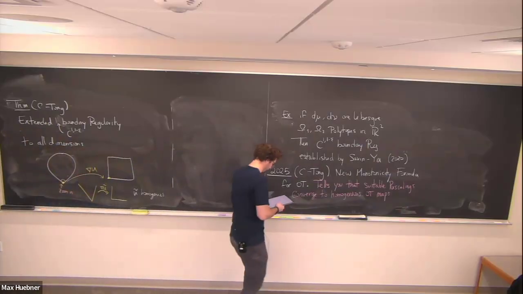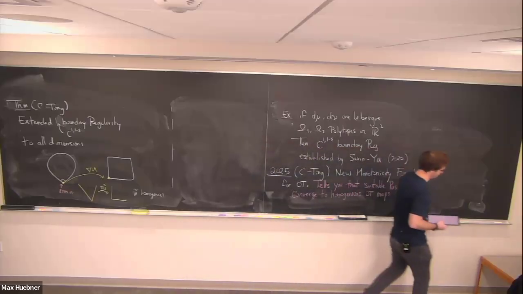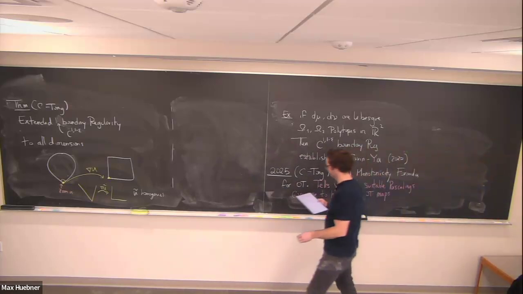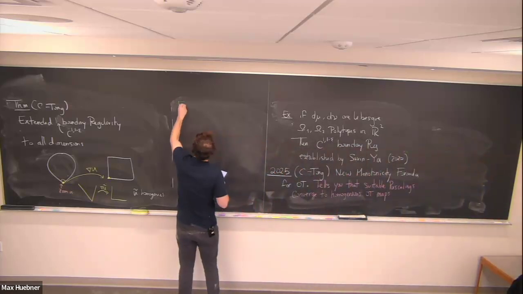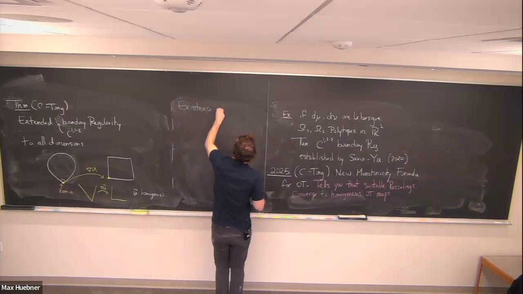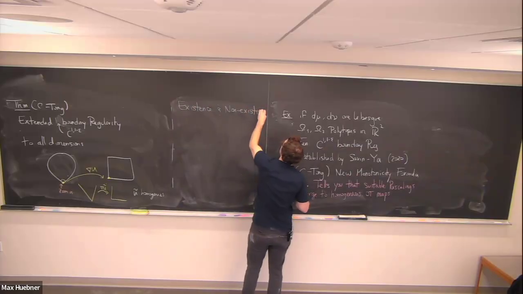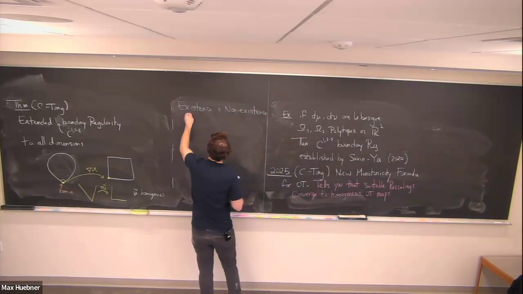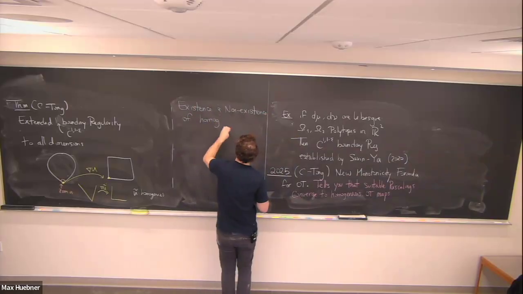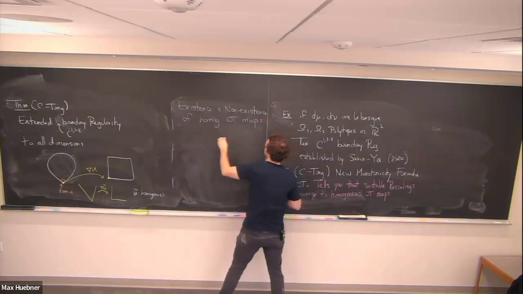Okay, so from the regularity theory it becomes very interesting to understand the existence and non-existence of homogeneous optimal transport maps between convex cones.